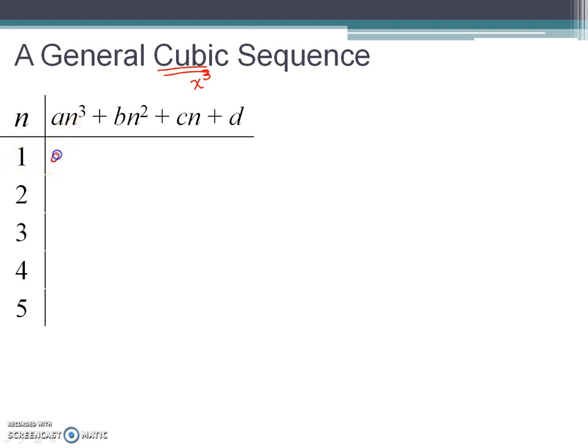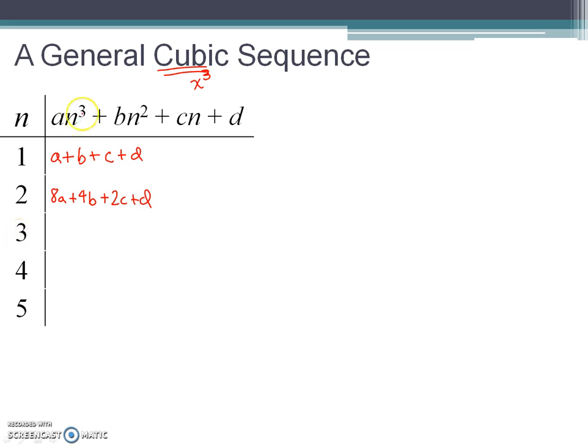Plugging in 1, you get a plus b plus c plus d. Now plugging in 2, 2 cubed is 8a, 2 squared, of course, is 4b, plus 2c plus d.